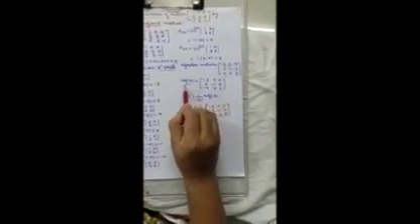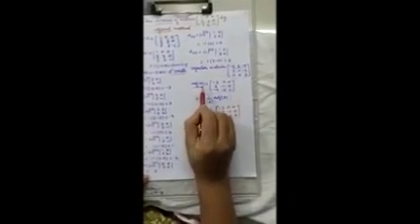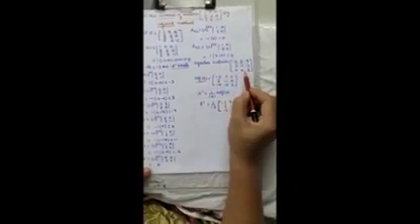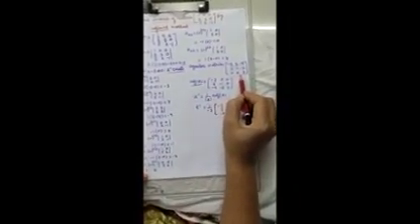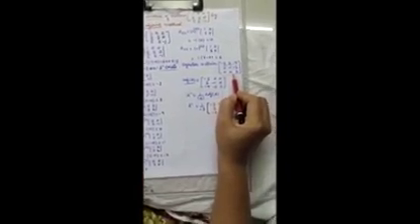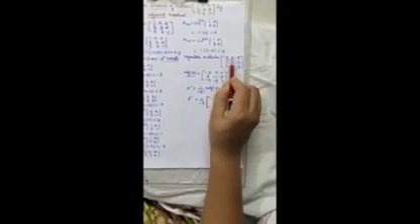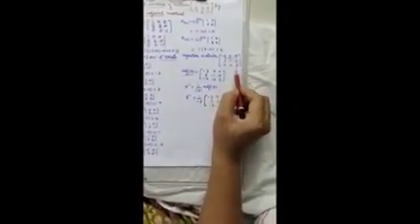Now the important thing is how to find out adjoint of this. For finding out adjoint, we want to find out the transpose of this cofactor matrix. Again remember, the transpose of the cofactor matrix is nothing but changing all these row elements as column elements.